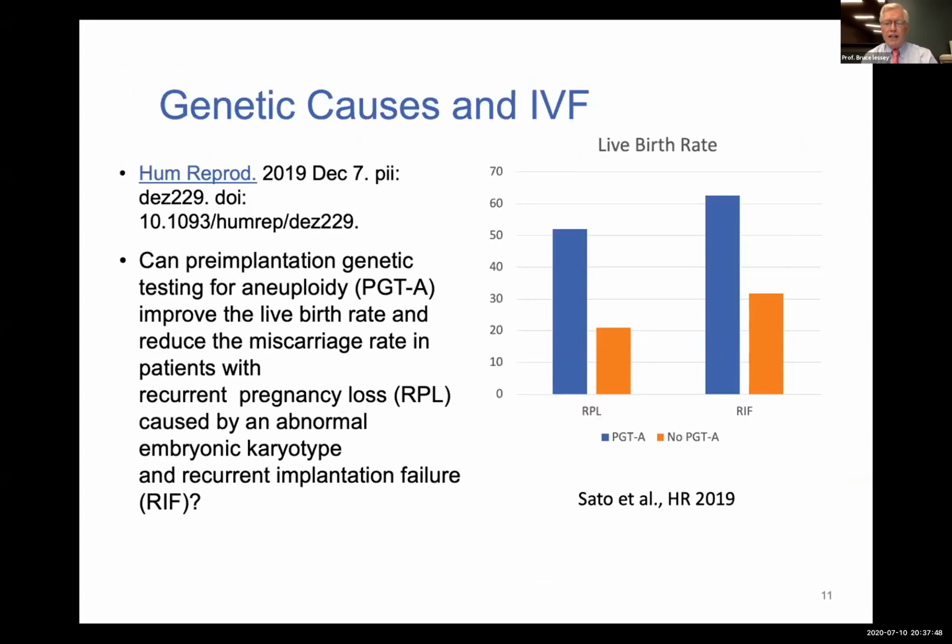So we know that embryo genetics influences IVF outcome, and this study by Sato shows that even for recurrent pregnancy loss or recurrent implantation failure, checking the embryos is important, and it will improve your outcomes.